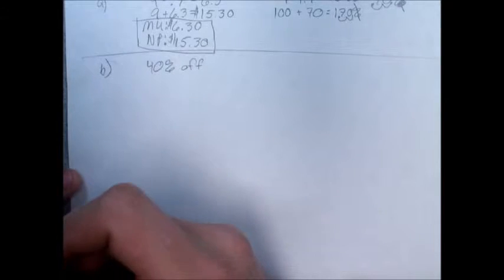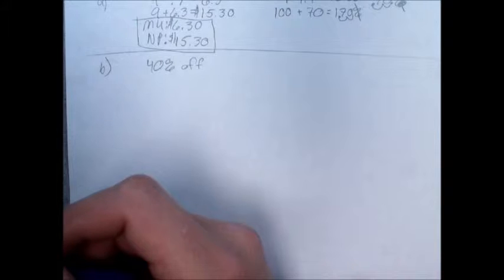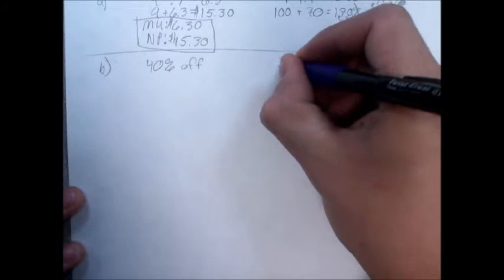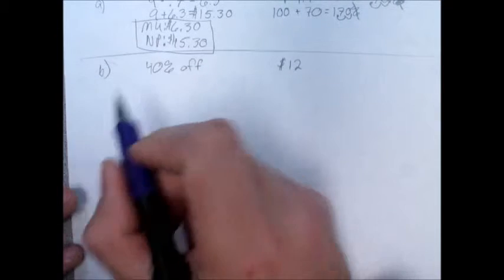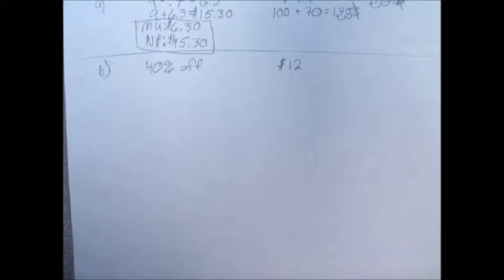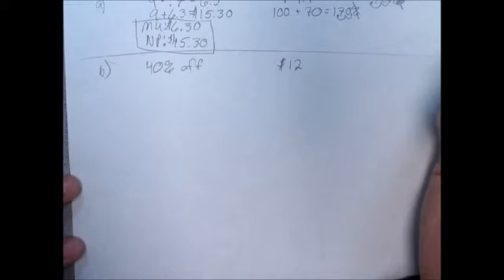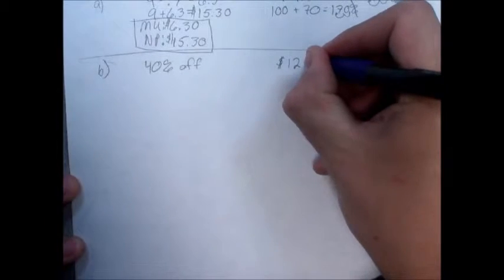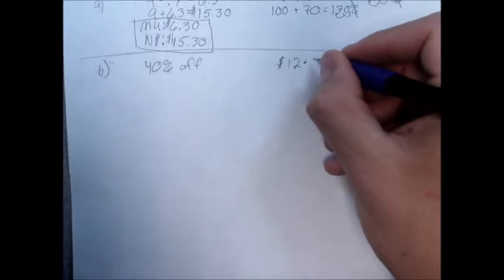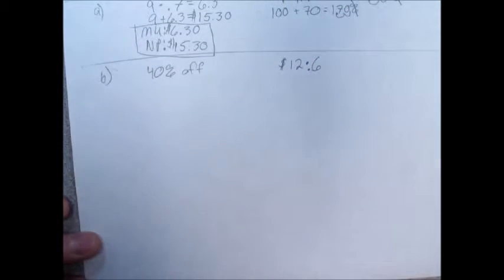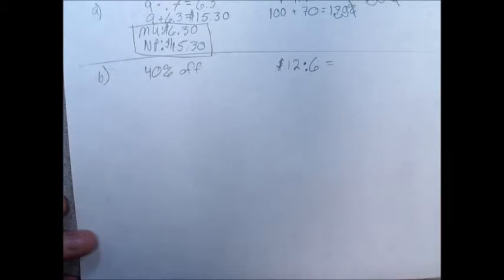What is the new price of a book that was originally $12? It's 40% off. So how much of it am I paying for? I'm paying for 60% of $12. So the quick and easy way to do this is take my $12, multiply it by the 60% that I'm actually paying, and that converts to 0.6, and I'd get my new book price.